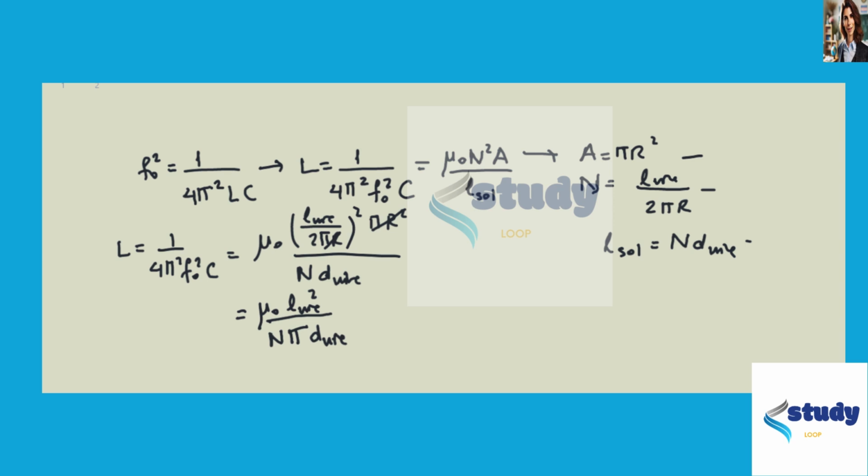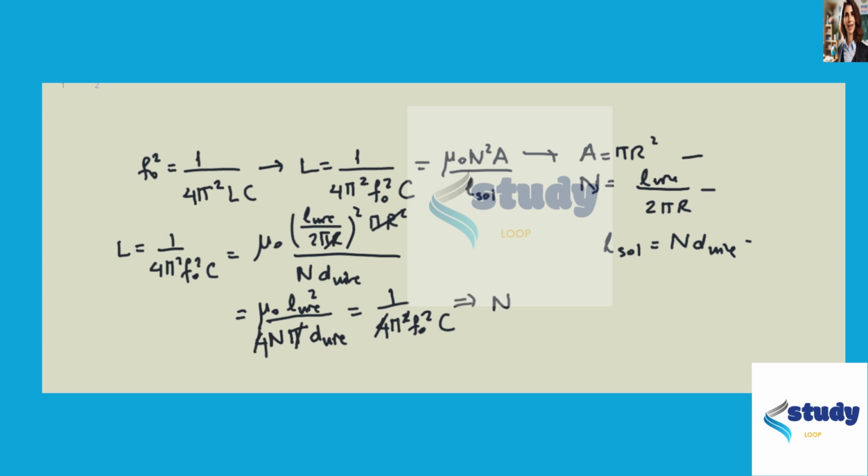Now, going back to the left-hand side, this equals 1 over 4 pi squared F naught squared times C. We also have a 4 on the right, because we have the square of 2 in the denominator. So the 4s are going to cancel out, and one pi is going to cancel out. We can isolate n out of this equation.